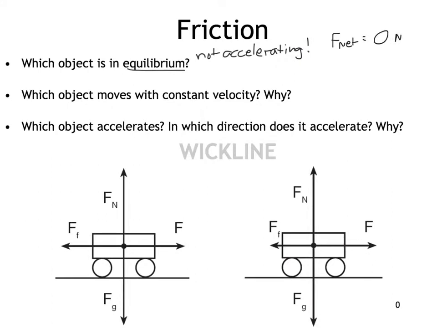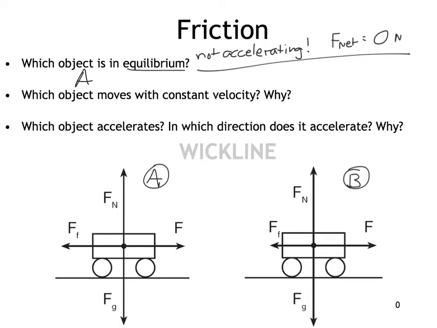So I'm going to pause the video now, and I would like you to choose which object, A or B, is in equilibrium based on these notes. If you selected object A, you were correct. It's in equilibrium.